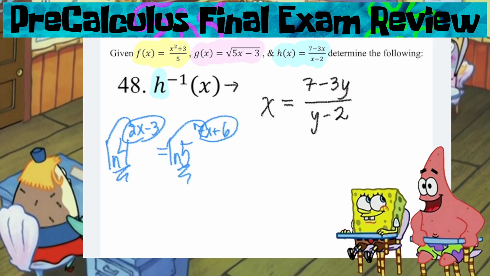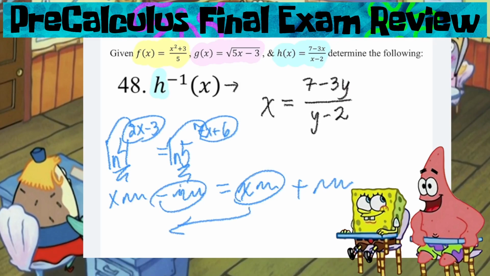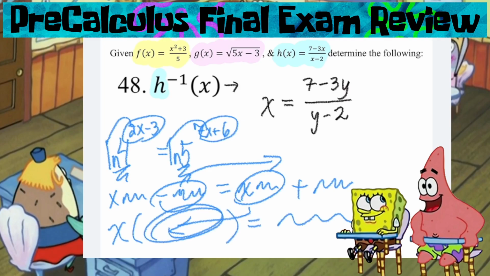We distributed ln4 and ln5 into the parentheses. So we had something with x in it minus something with no x equals something with x in it plus something without an x in it. We brought everything with an x to one side, everything without an x to the other, and then we factored out the x, right? And then we divide by that.